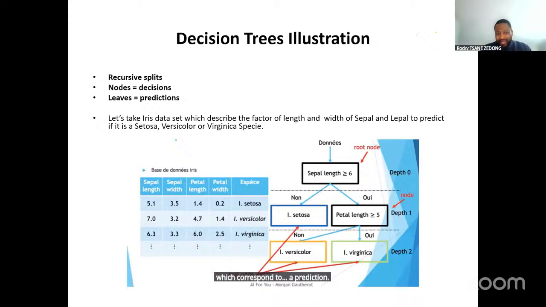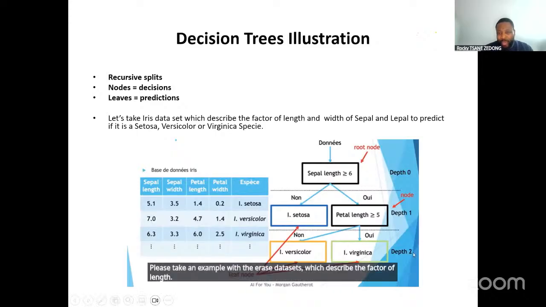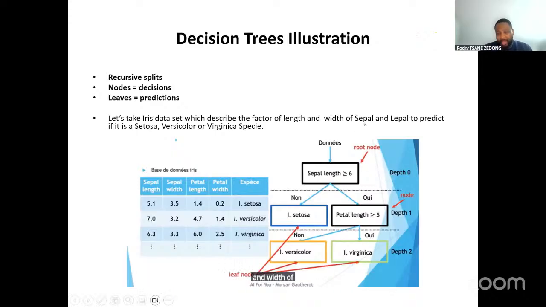Let's take an example with the Iris dataset, which describes the length and width of sepal and petal to predict if it is a setosa, versicolor, or virginica species. You have an example here.